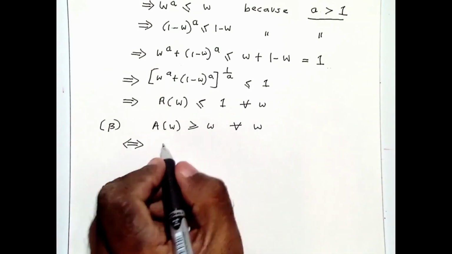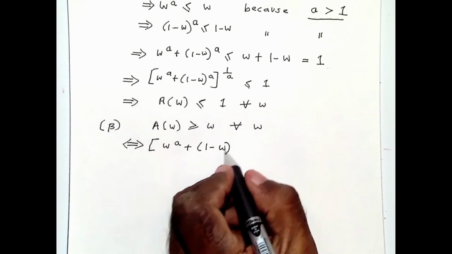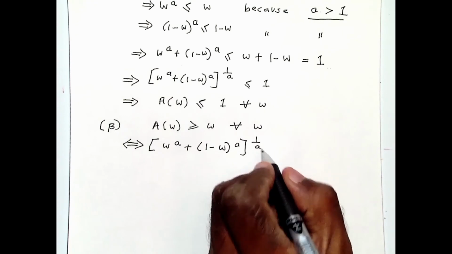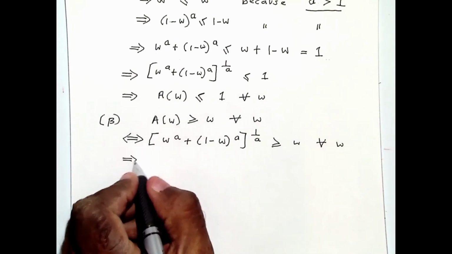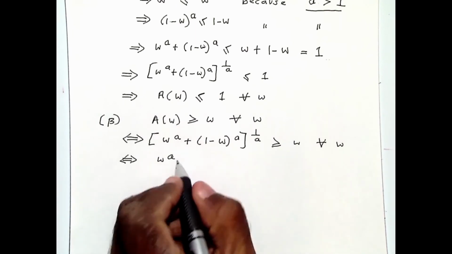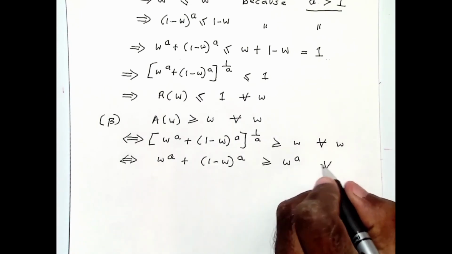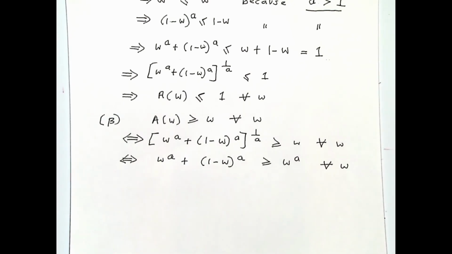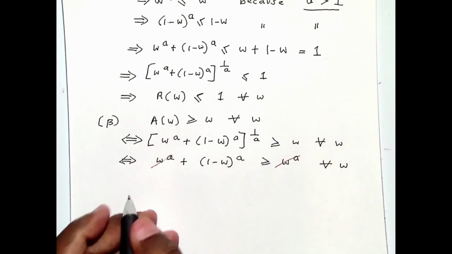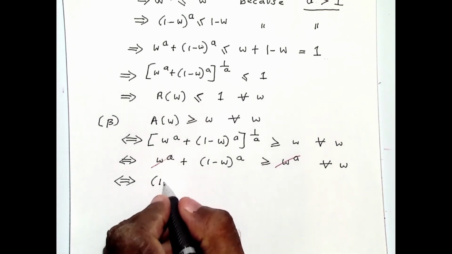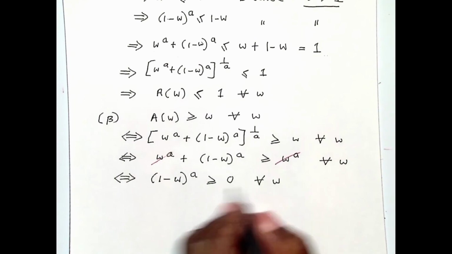Which is the same as saying that, okay, and this is the same as if you take the power, both sides, power to a, okay, now these two cancel out, okay, these two cancel out, so what you have is like this, and this inequality always holds.